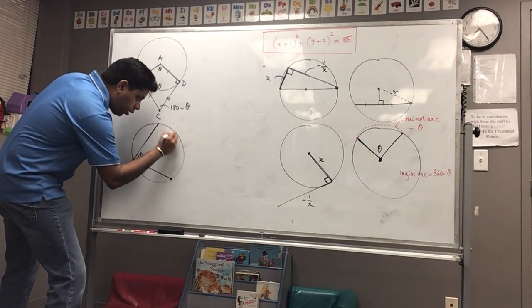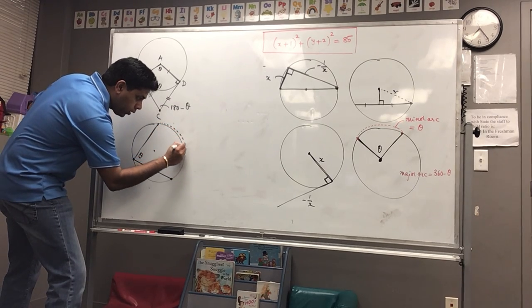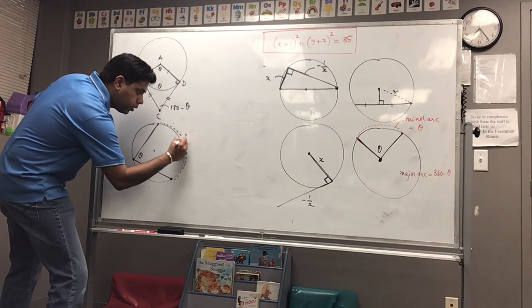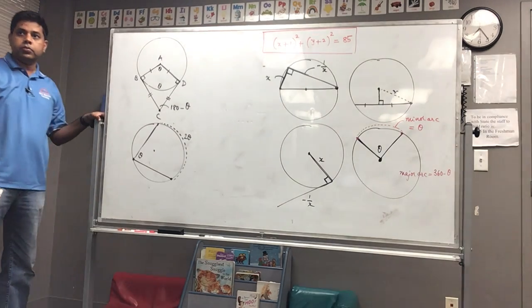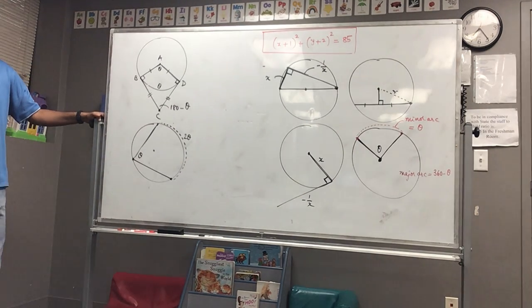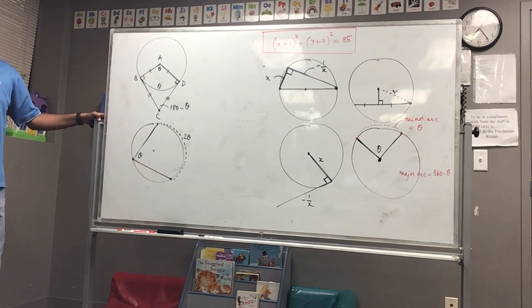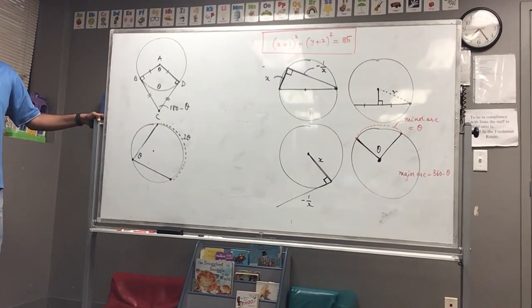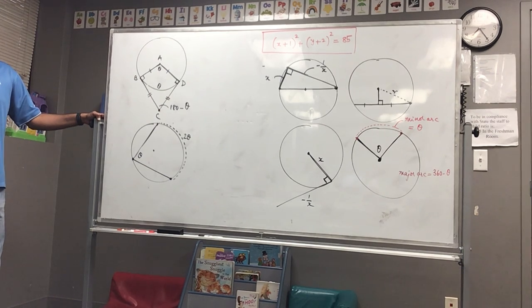And this intercepted arc will be 2 theta. So if two chords form an arc at the circumference, the arc is called the intercepted arc, where the intercepted arc will be double the base angle formed at the circumference.